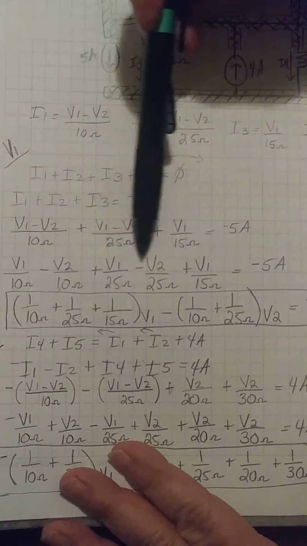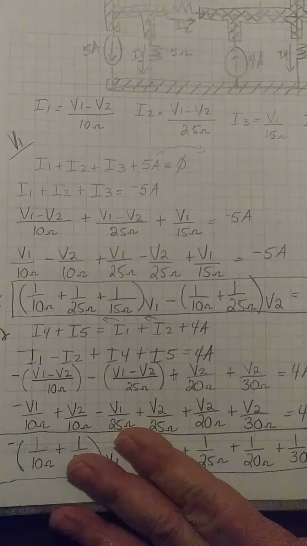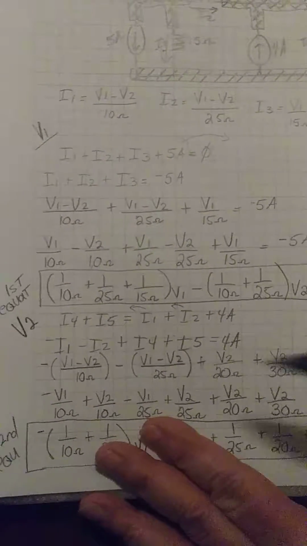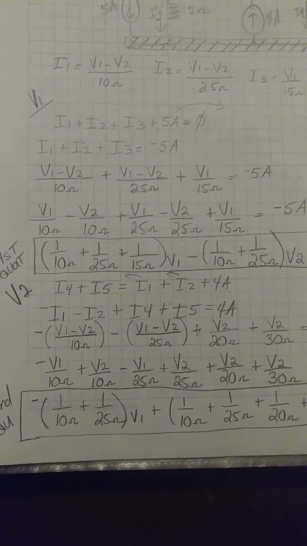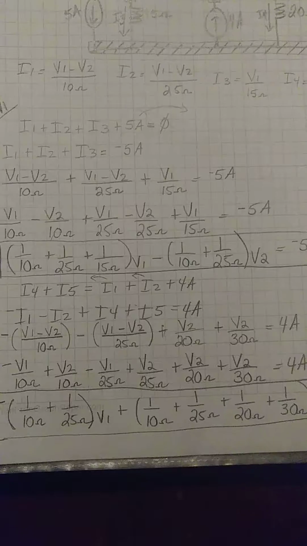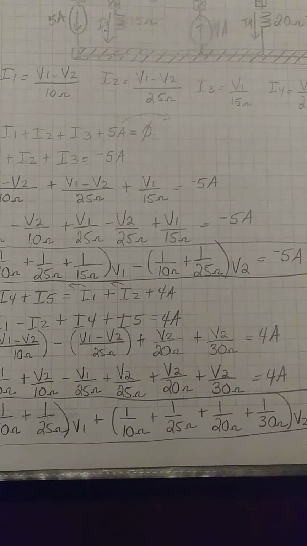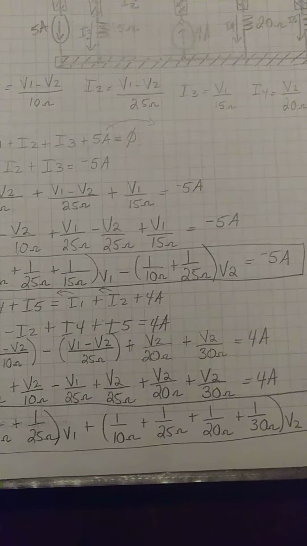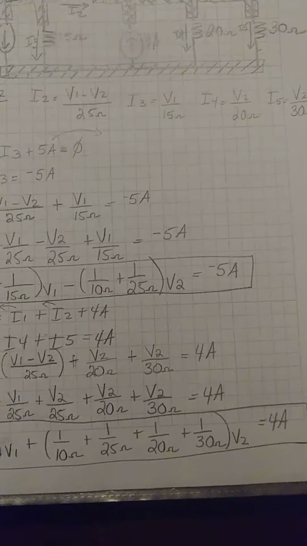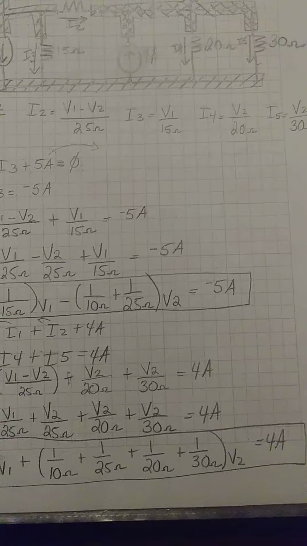Once we separate it, we put all the V1s together: 1 over 10 ohms plus 1 over 25 ohms plus 1 over 15 ohms. That is all the V1s. Minus the V2s, which is (1 over 10 ohms plus 1 over 25 ohms) times V2, equals negative 5 amps. And that's our first equation.